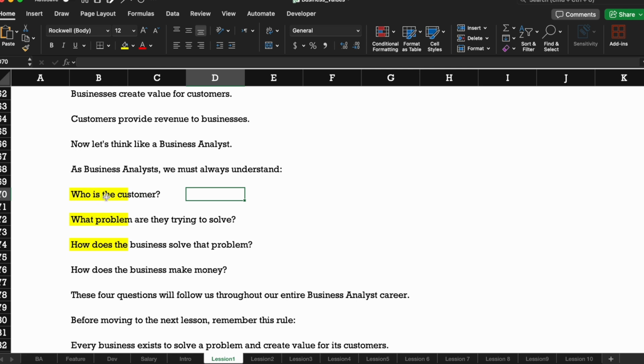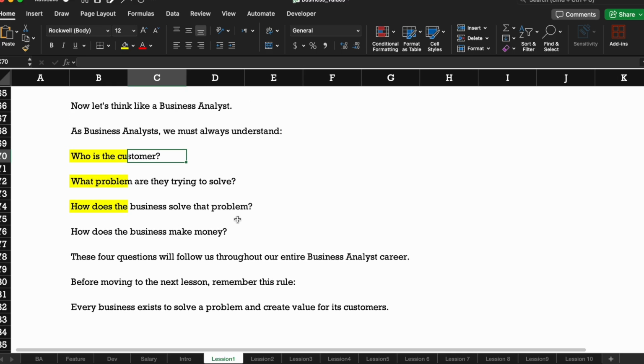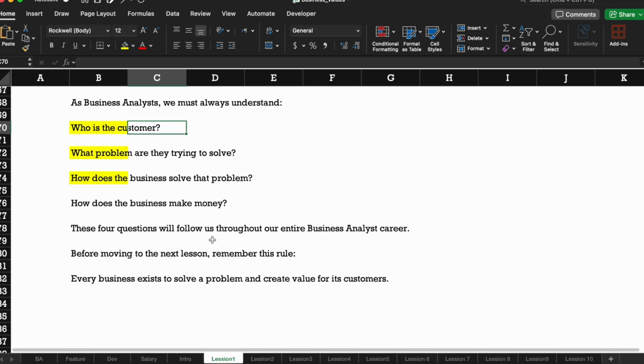There is different terminology in banking: we use client or customer, but in software, we use the term user. It all refers to one thing: the person using that service. What problem are they trying to solve? How does the business solve that problem? How does the business make money? These 4 questions will follow us through our entire business analyst career.